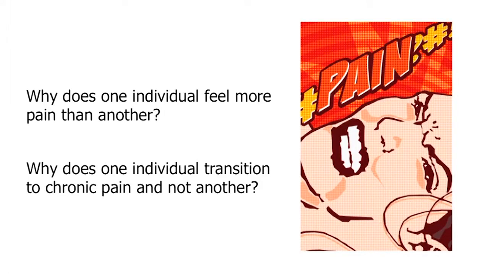And this leads us to ask these kinds of questions, such as why does one individual feel more pain than another, as well as why does one individual transition to chronic pain and not another, even though both may have identical damage to their nervous system.